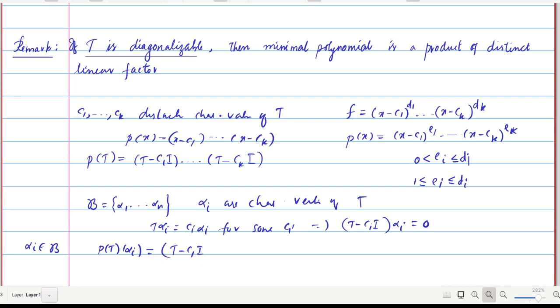At last we write the term corresponding to ci, that is (T minus ci I) of alpha i, and we know that this is equal to 0. Here we have all the factors except this one, acting on 0. We know that the image of 0 under any linear transformation is 0, so this will be 0, which shows that p of T of alpha i equals 0 for any alpha i belonging to B.